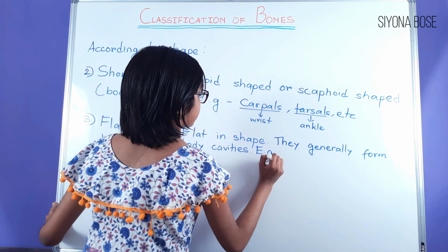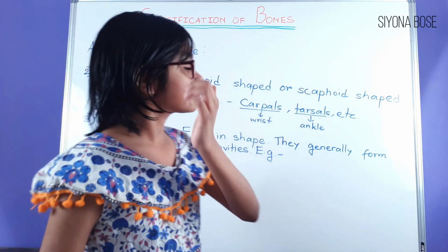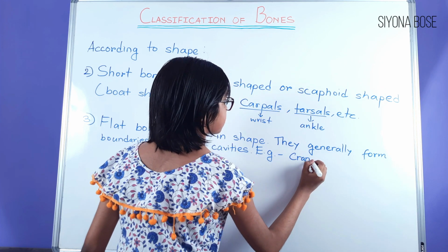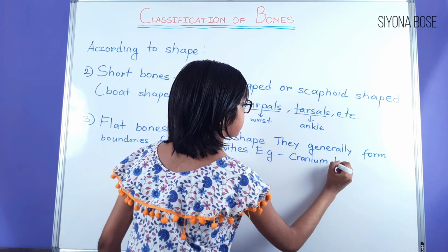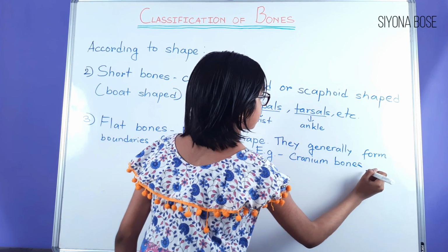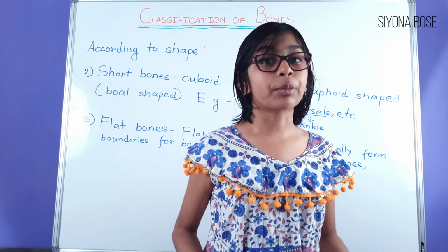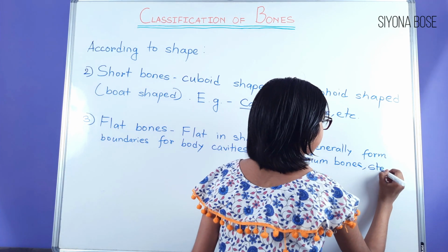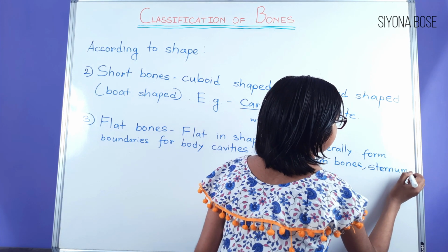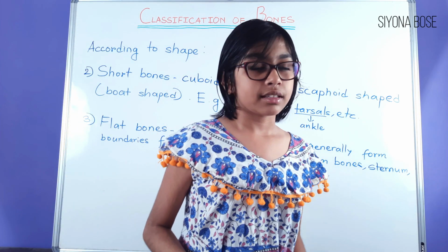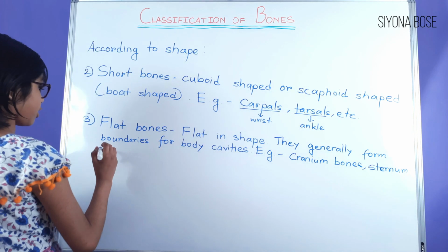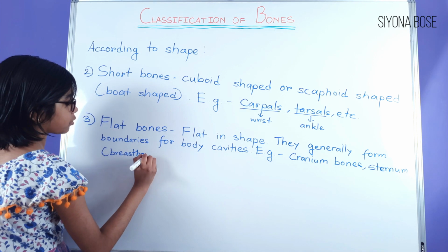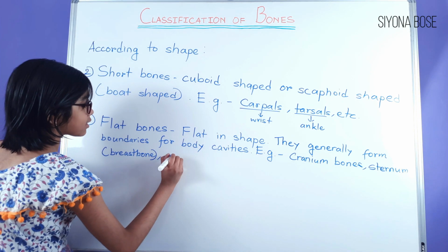Examples are the bones in the cranium, the sternum or breastbone, and the ribs.